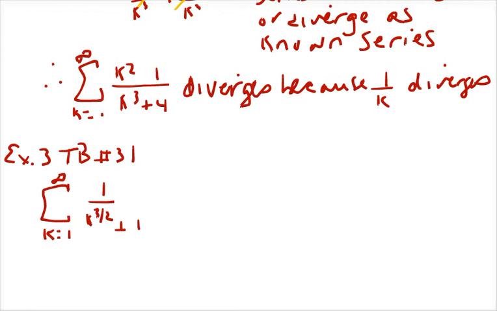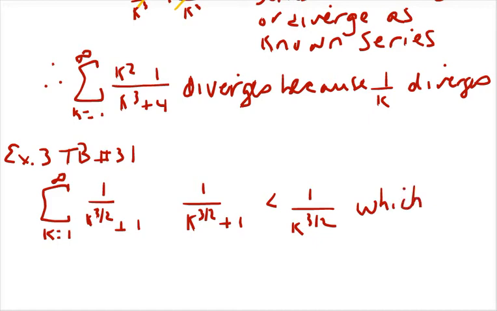So here you can just use the straight up comparison test, because 1 over k to the 3/2 plus 1 is less than 1 over k to the 3/2, which we know converges by the p-series. So therefore this series is going to converge.